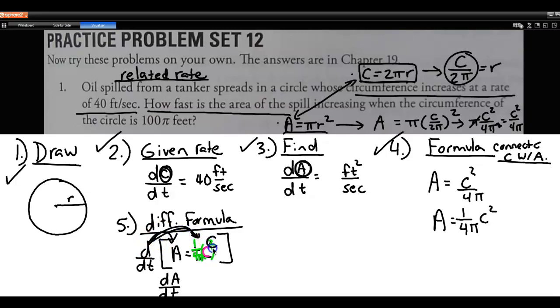You're just going to take that 2 there and multiply it by the 1 over 4 pi. And so that's going to give me 2 over 4 pi. And then you're going to subtract 1 from your power, leaving it as a first power, which you don't really need to write when it's a 1. And then we'll put our C back in there. But since it's a chain rule, we're going to multiply it by the derivative of C with respect to t.